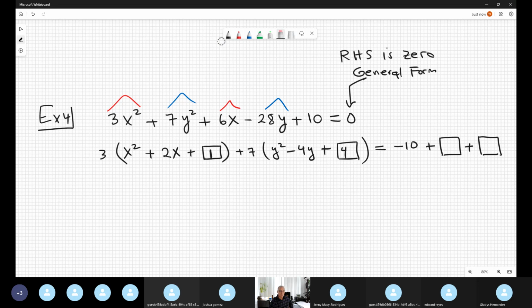Yes or no? Or I need to explain more clearly. Tell me something. Yes or no? Explain. Okay. So do you remember completing the square?